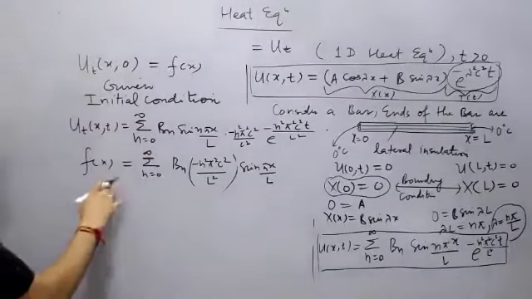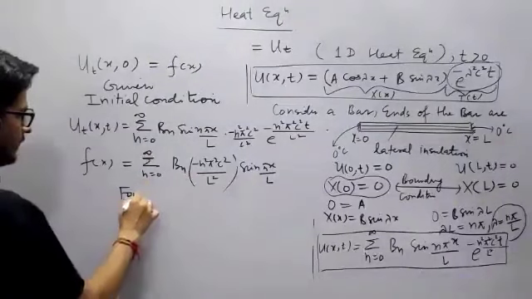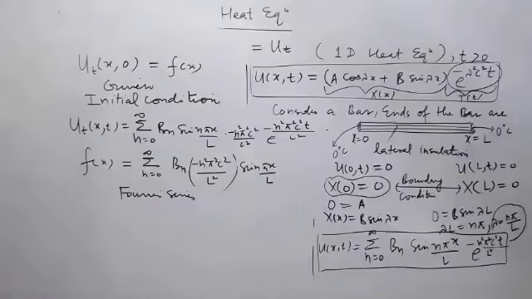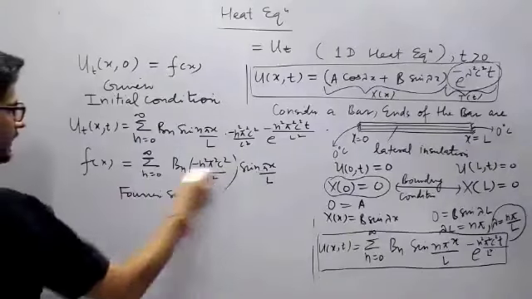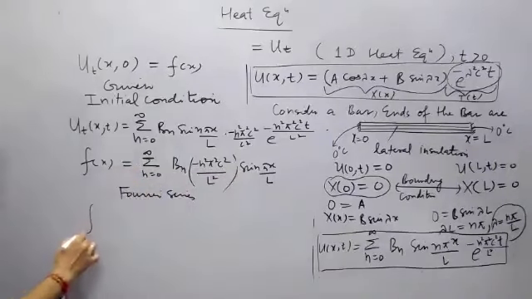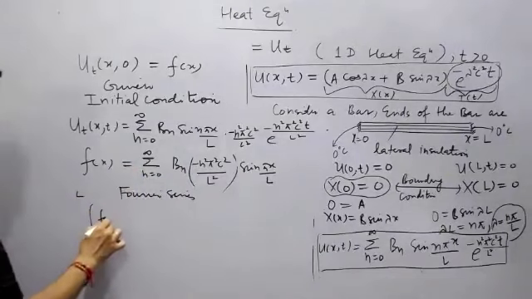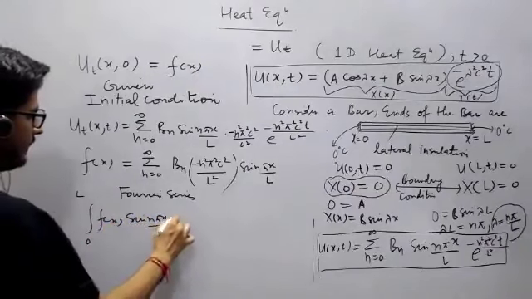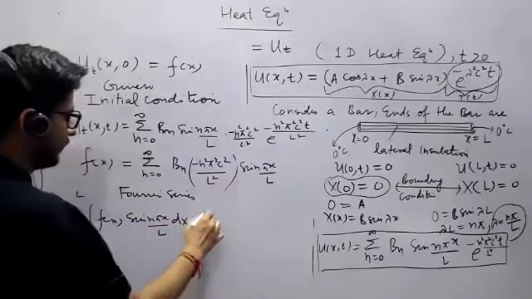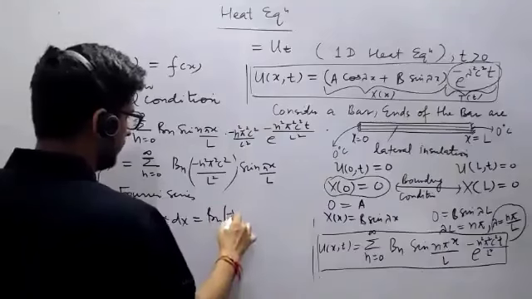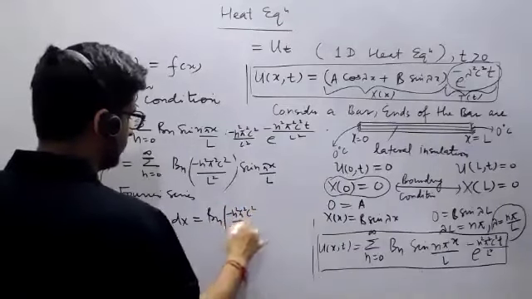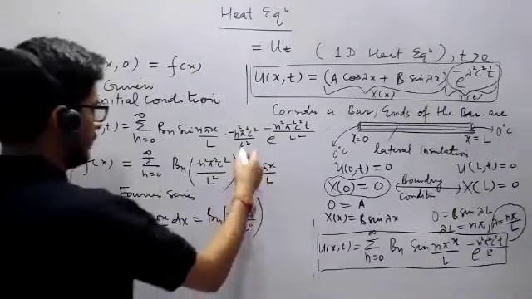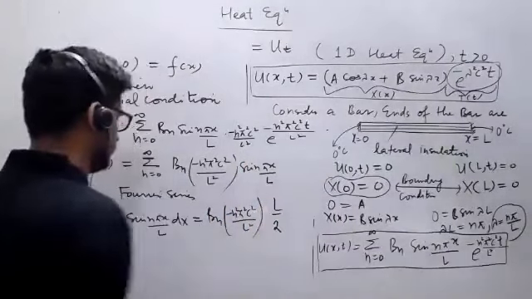So now this is a Fourier series, and I told you the method to calculate the value of Bn. So both sides this sine will be multiplied and then it will be integrated in the limit. So 0 to L f(x) sine of n pi x by L dx is equal to Bn into minus n square pi square c square by L square into, its square will be, so that will come out to be L by 2.